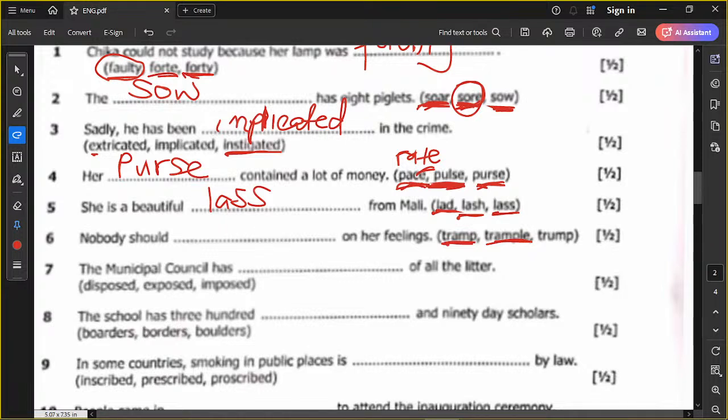Then this other one is to outdo or to surpass. So the correct word is trample. Don't trample on her feelings.